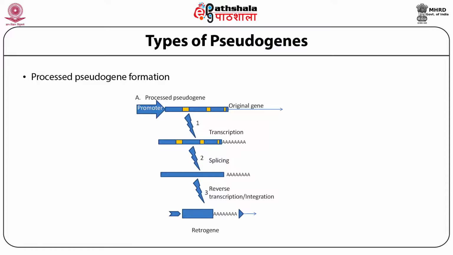The processed or retro-pseudogenes lack the regulatory sequences and they are expressed only if they are able to align with some promoter region. A large variety of processed pseudogenes are shared by primates and the human genome.